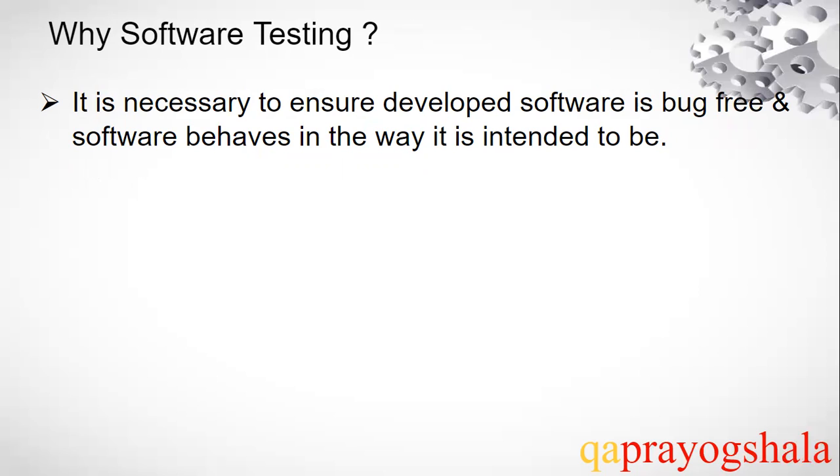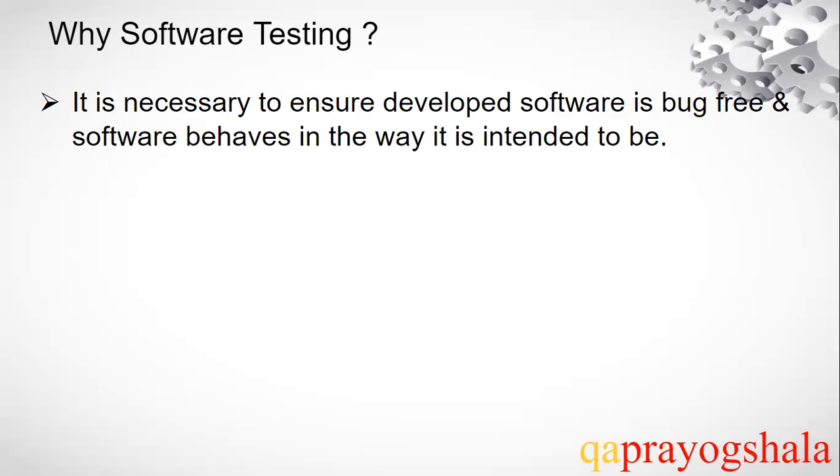As I mentioned in the previous example, 1 plus 1 has to be equal to 2, right? Because that is the user requirement. Had it been the case that 1 plus 1 equals 3 is the user requirement, then you need to develop such software. Even if you develop software wherein 1 plus 1 equals 2 and it doesn't match the user requirement, then that is a bug according to the user requirement.